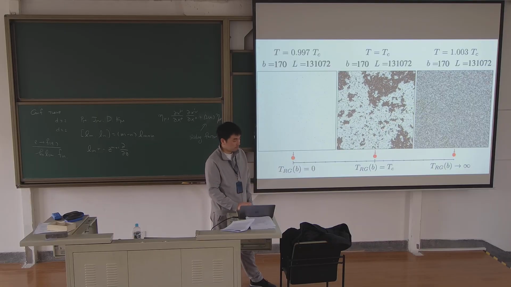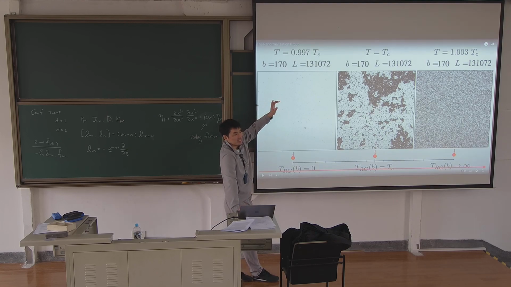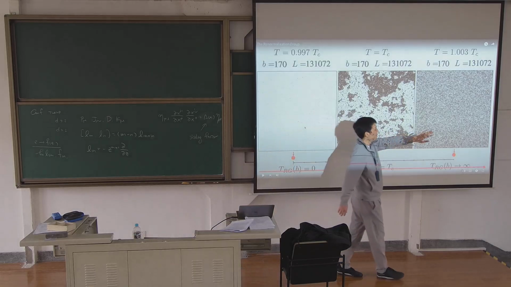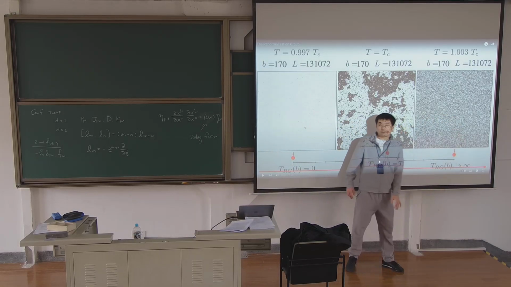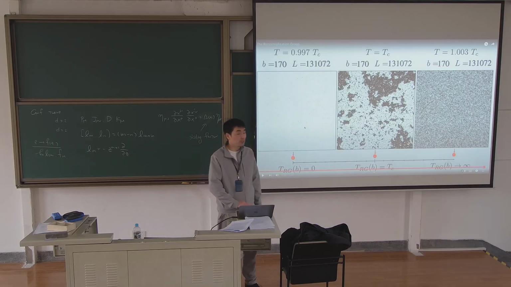So that's a difference. The white means they prefer, say, spin up, and the black spin down. If we say the white one is spin up, the magnetization is positive in this case. Here the black and white dots become much more equal, so the magnetization is 0.